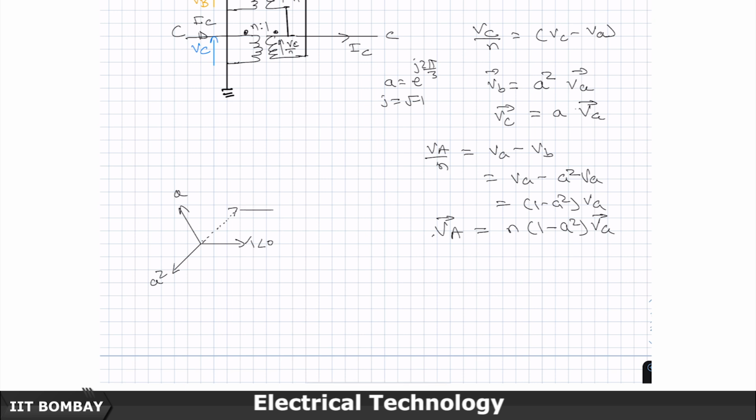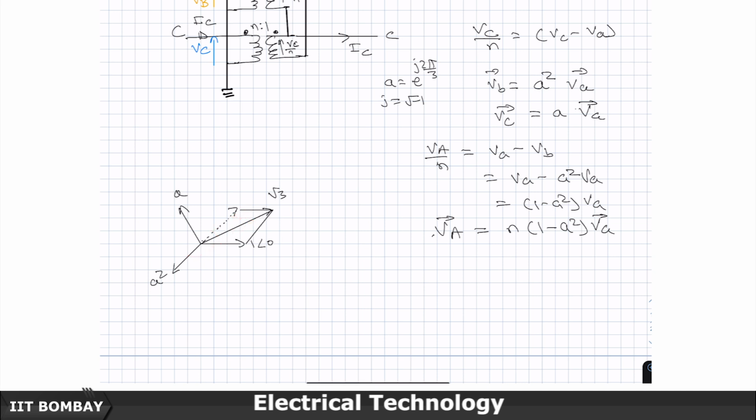So, complete the parallelogram, and this becomes root 3. This becomes root 3 leading by how much angle? So, this is 120 degrees, so this is 60 degrees, and these triangles are equilateral.